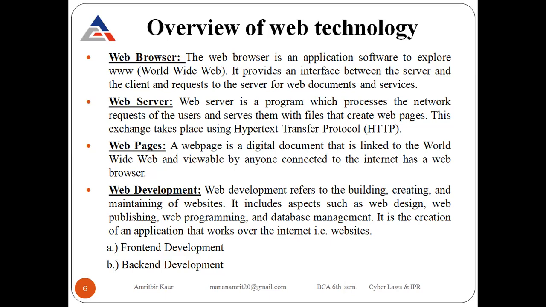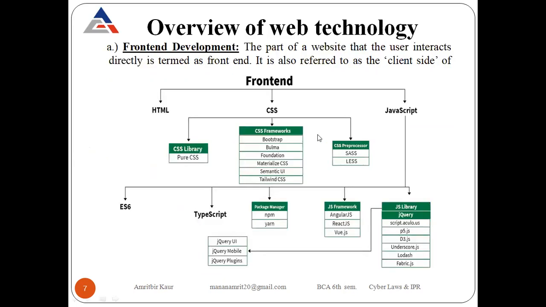There can be two phases when we develop any website: front end development and back end development. Front end means viewed by the user. The part of the website that the user interacts with directly is termed front end. It is also known as client side. For example, we use HTML, CSS, JavaScript.